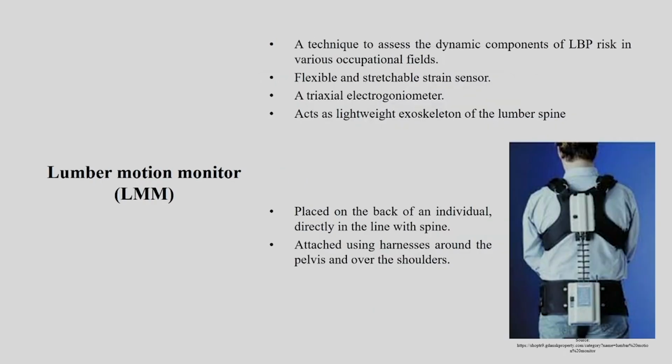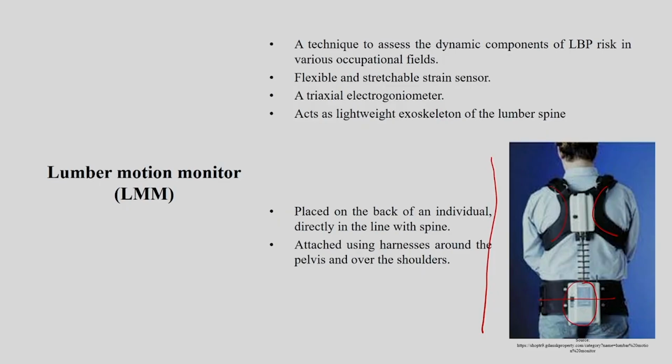Now coming to this particular instrument, that is the lumbar motion monitor. Okay, it looks like this. It is a kind of exoskeleton. It has some components over here and the whole system is connected through this type of back strap. It is a technique to assess the dynamic component of low back risk.